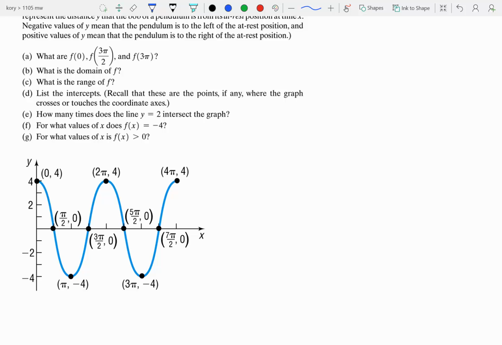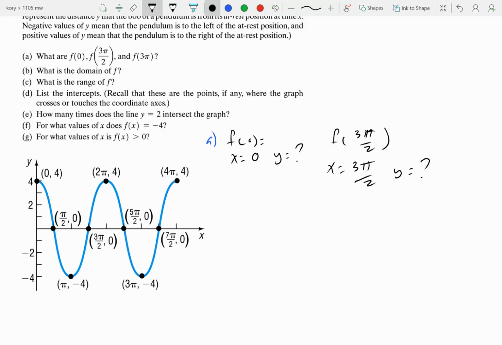So part A, it's asking for f of 0, f of 3 pi over 2, and f of 3 pi. So what that means is it's asking for f of 0, that means if x is 0, y is what? And then f of 3 pi over 2, if x is 3 pi over 2, y is what?